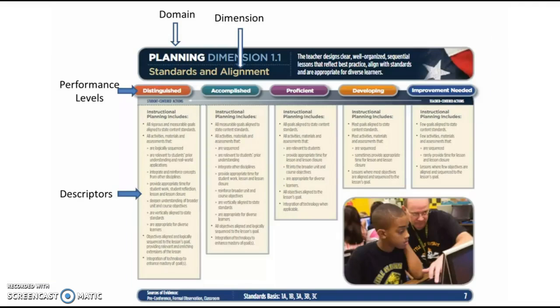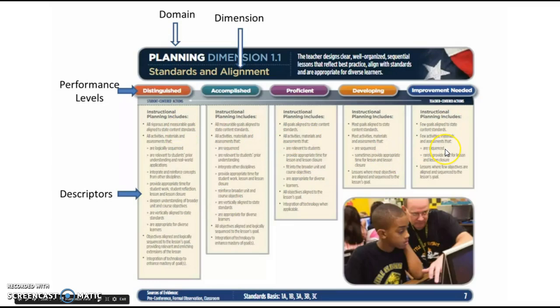So this rubric has the labels. So again, just as we reviewed in the spring, this is the planning dimension 1.1, standards and alignment. This is the descriptor about what 1.1 is about. You can see here the domain, the dimension, the performance levels, so you're distinguished, accomplished, proficient, developing, and improvement needed, and then the descriptors under each one.